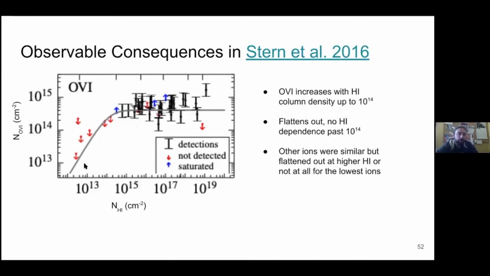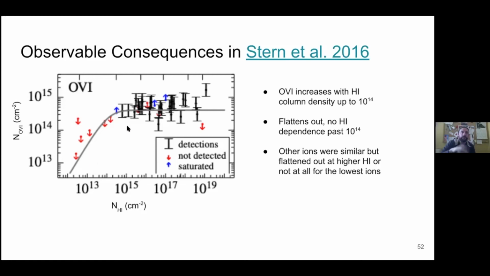And so what they proposed is this gray line here. They proposed that your oxygen 6 is increasing with H1 only up to a point, and then it flattens out. So if you don't go through an oxygen 6 cloud, then you don't get any significant oxygen 6. But once you go through an oxygen 6 cloud, you get a certain amount.